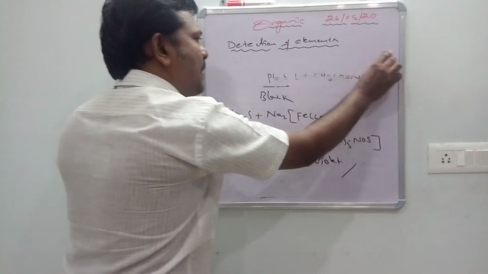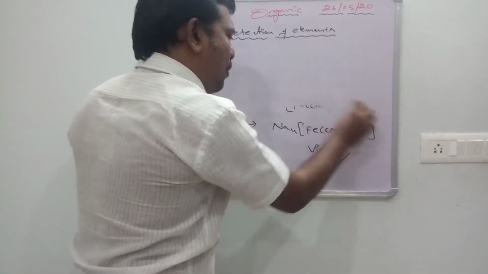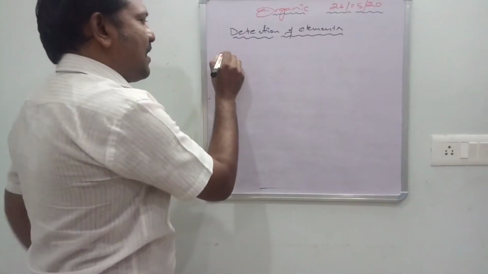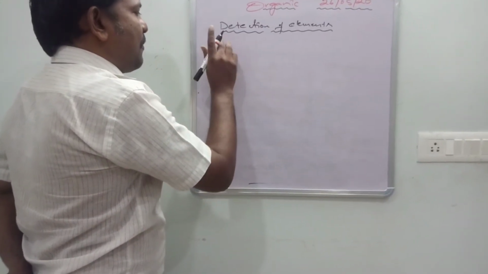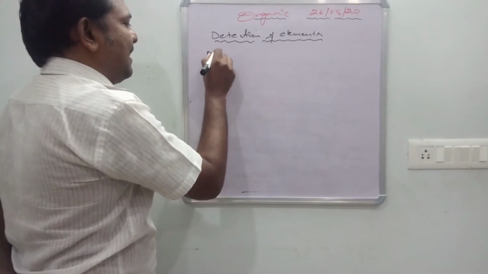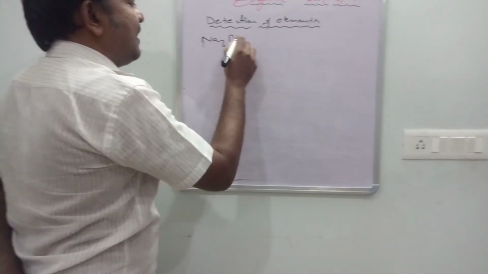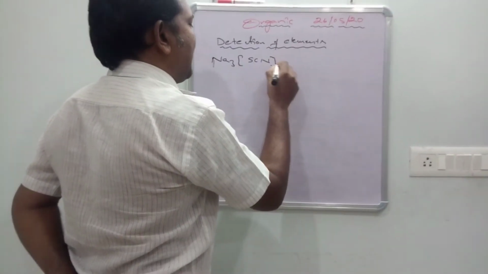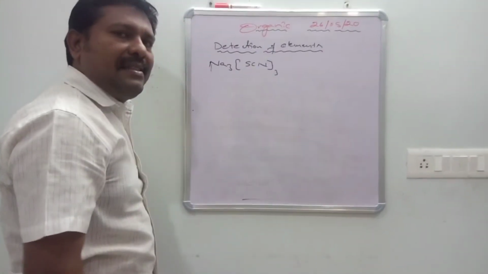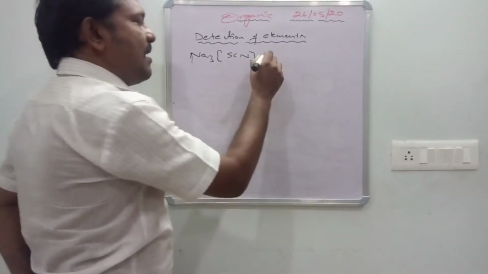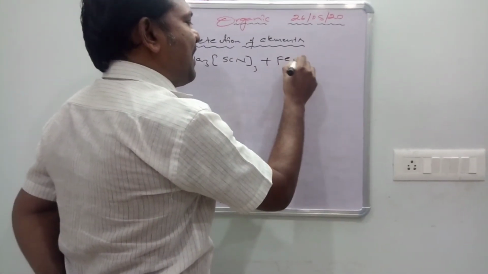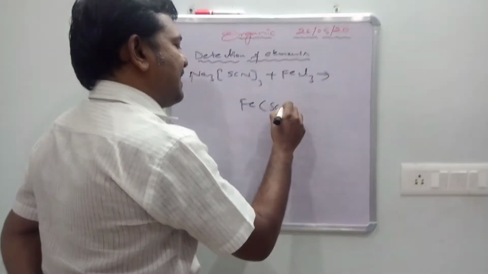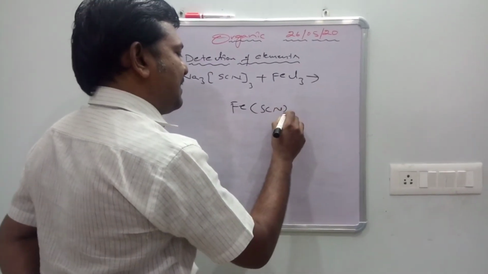And one more: maybe the compound has both nitrogen and sulfur. It forms NaSCN. It is treated with ferric chloride. It gives thiocyanate, Fe(SCN) complex.